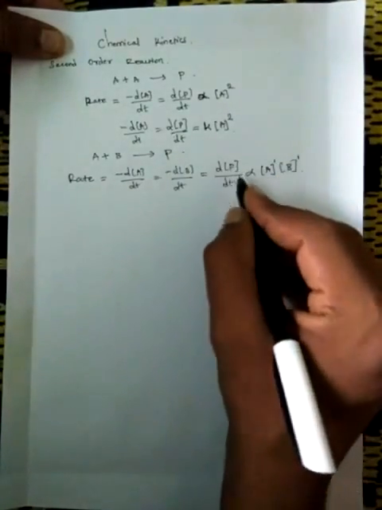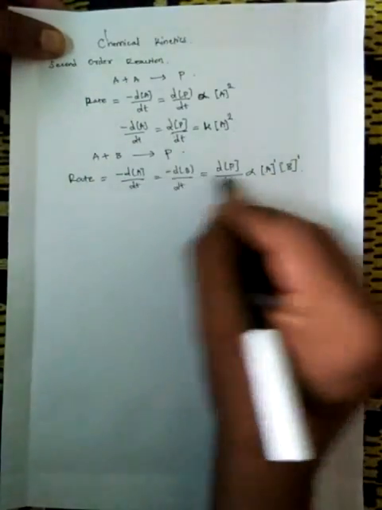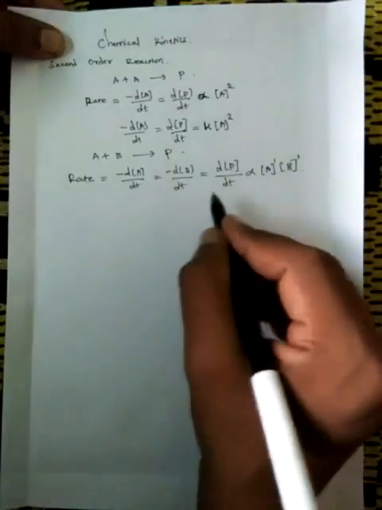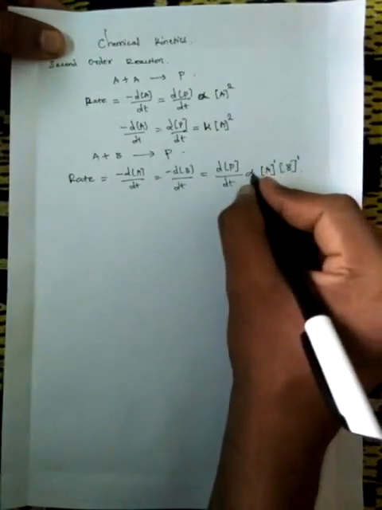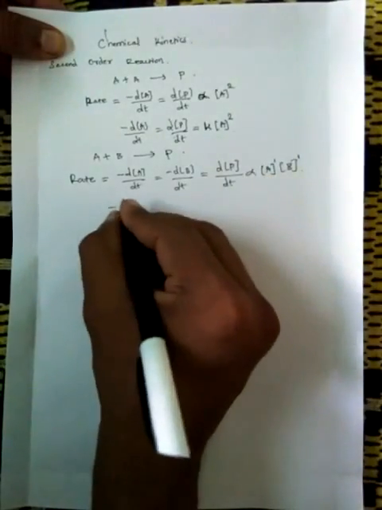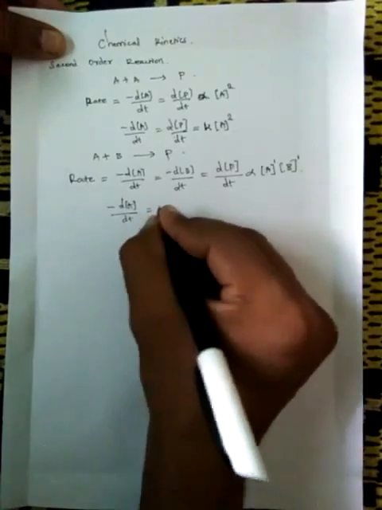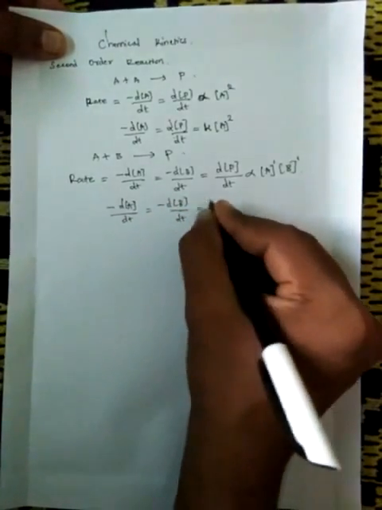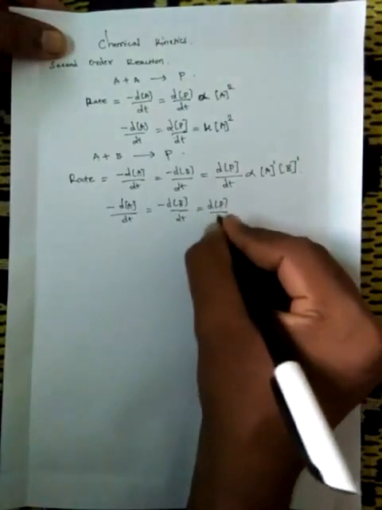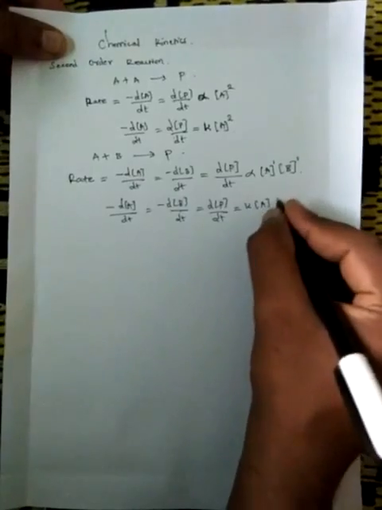So I recall that a rate equation is constructed by doing experiment. Then you have to introduce a proportionality constant, K, A and B.